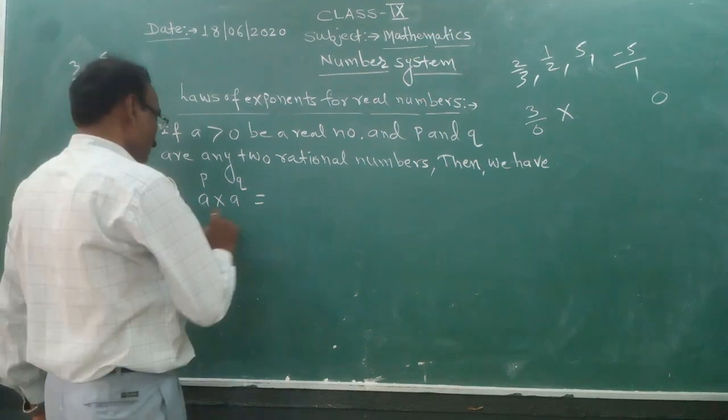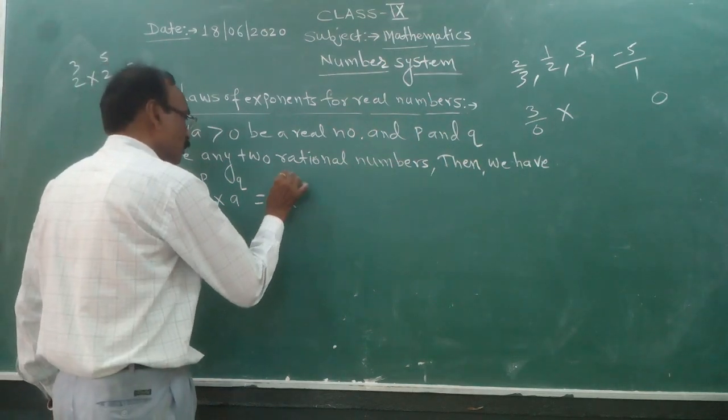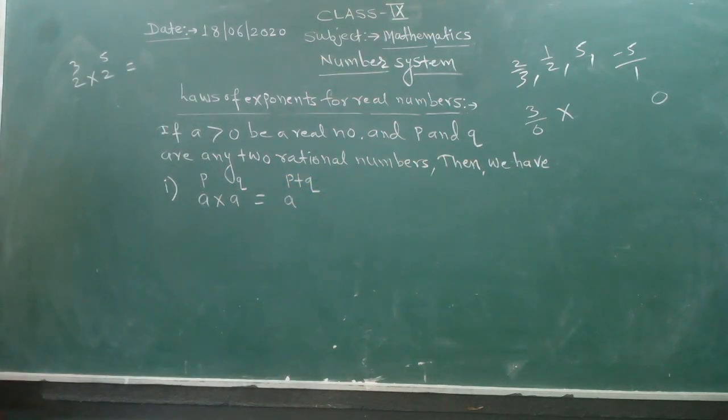So first law: a raised to the power p into a raised to the power q gives a raised to the power p plus q. You have to take the addition of the powers here.